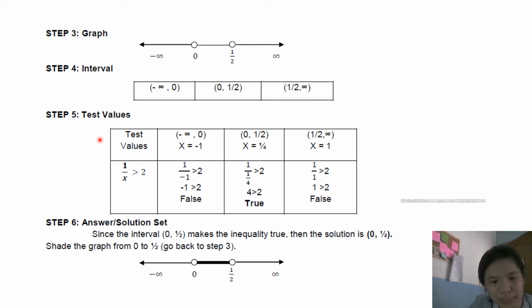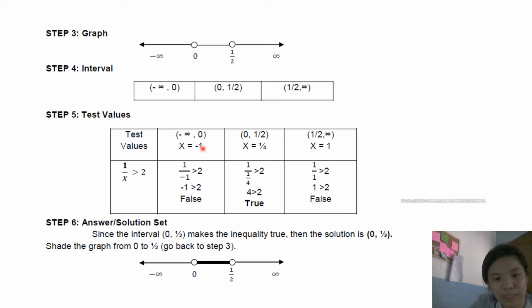So, next one is we test the values. So, we have the original equation, 1 over x is greater than 2. Ayun nga, di ba yung una nating interval is negative infinity, 0, right? And negative infinity, 0 are not included. Therefore, yung mga numbers pababa niyan, yun yung pwede nating i-substitute sa x.